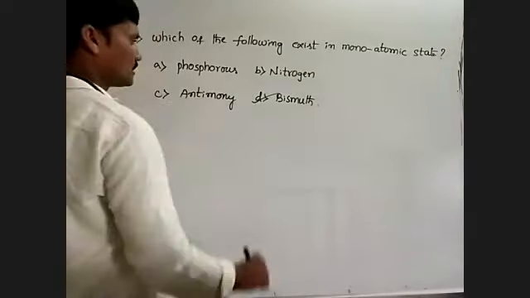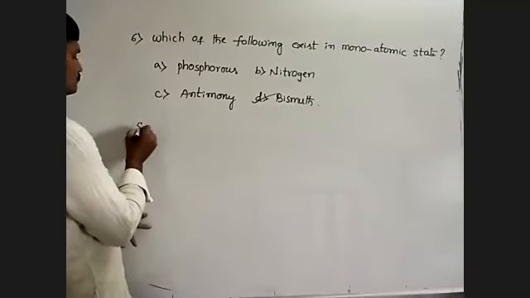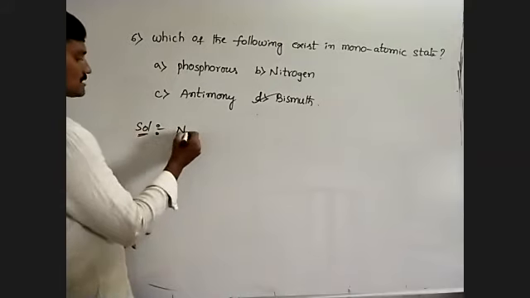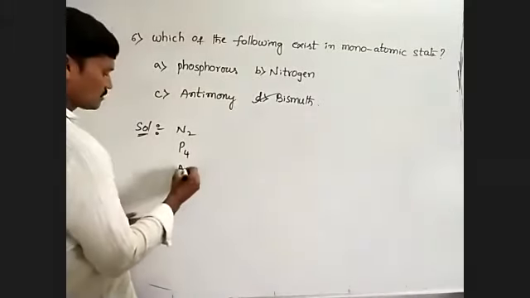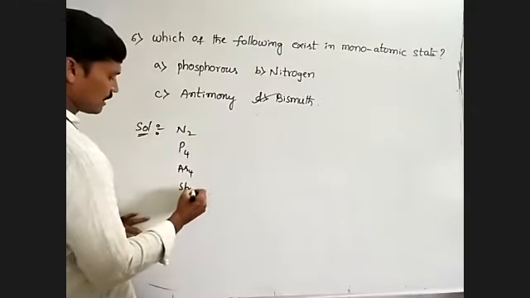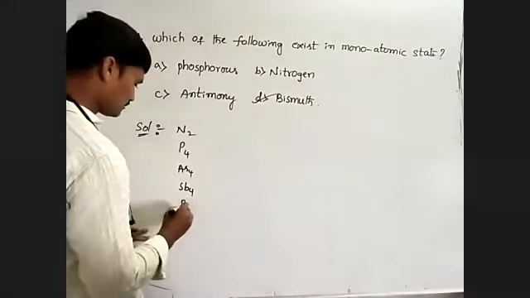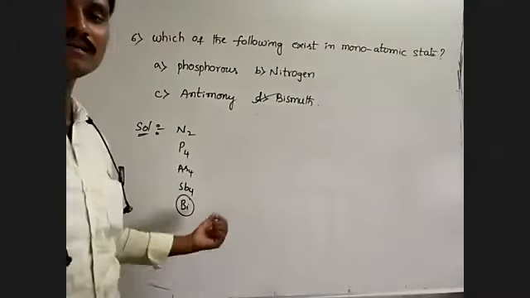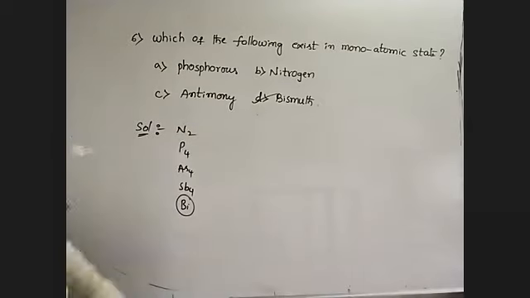That is D. Why? Because it is a metal. In the nitrogen family, nitrogen exists as diatomic, and phosphorus, arsenic, antimony exist as tetraatomic. Bismuth is monoatomic. Why? Because it is a typical metal. Metal, so that is monoatomic. So the answer is bismuth.